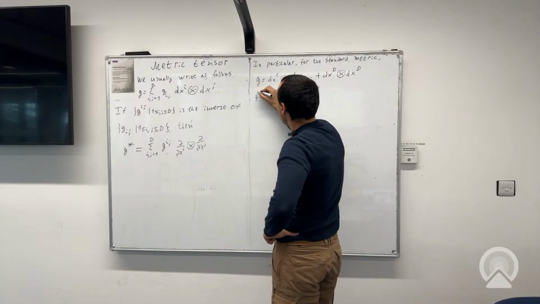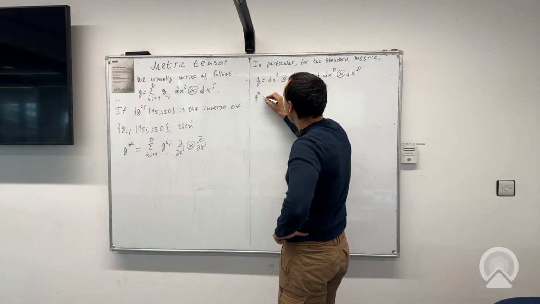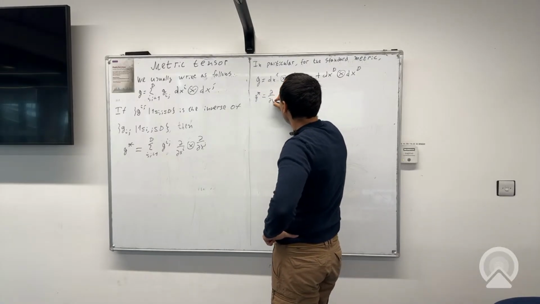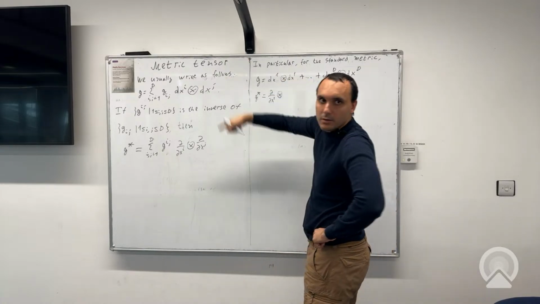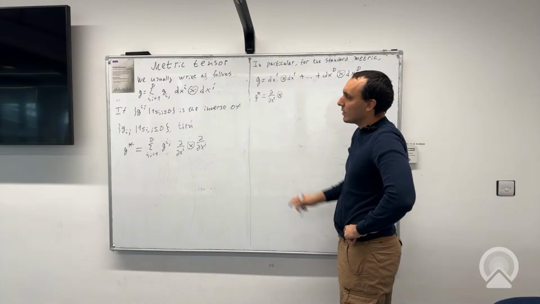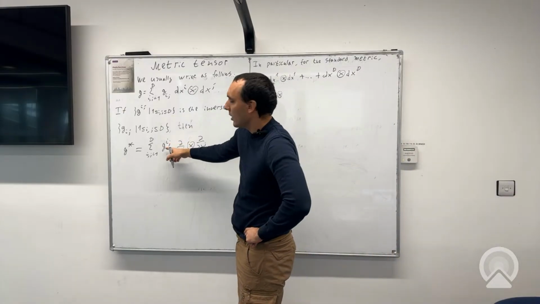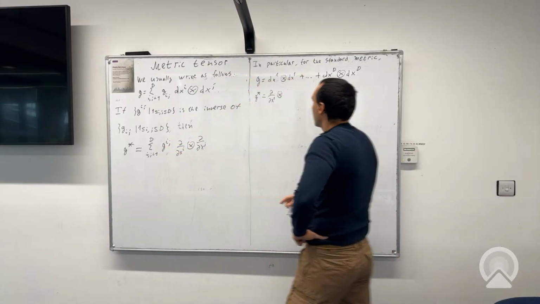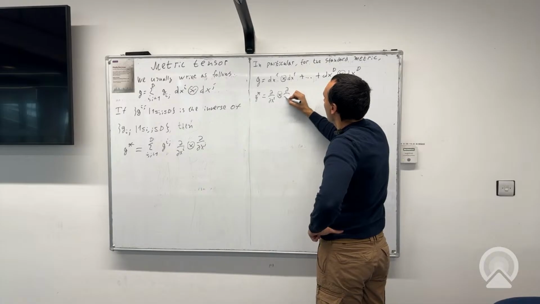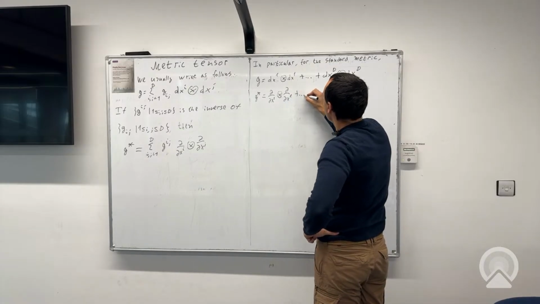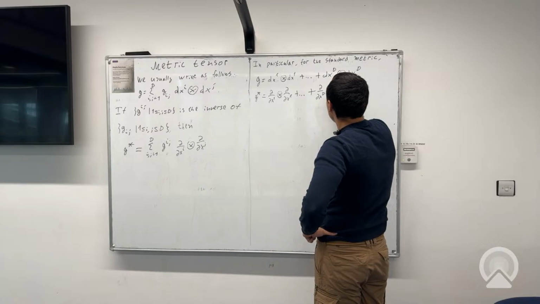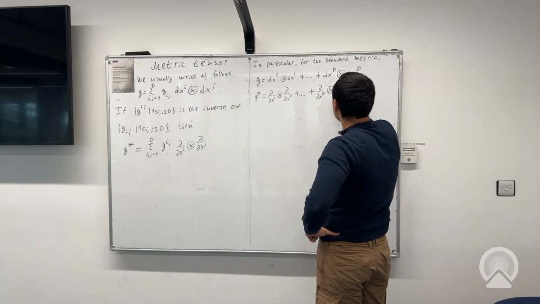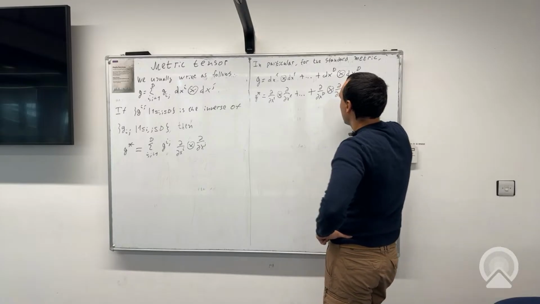And g star is d/dx^1 tensor d/dx^1 plus up to d/dx^d tensor d/dx^d, because the inverse of the identity matrix is the identity matrix. So these are also canonical symbols here.